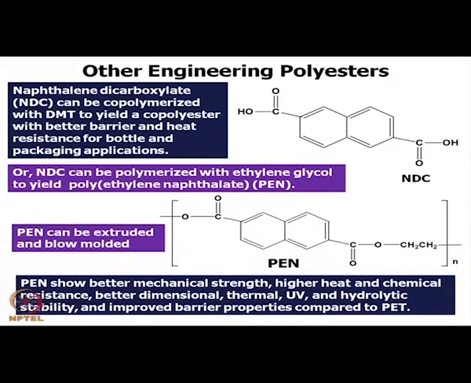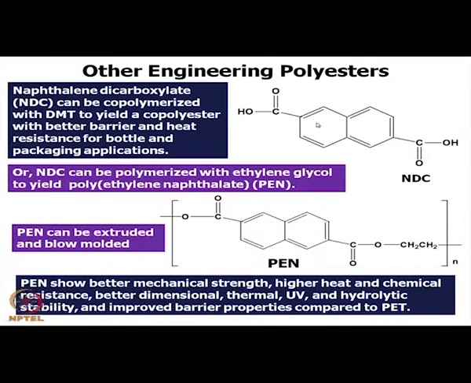Still there are more engineering polyesters available, which have already been developed and commercialized. Now, instead of one phenyl ring, there could be more than one phenyl ring, say a naphthalene ring. In this naphthalene ring, 2 carboxyl groups are attached, which is known as naphthalene dicarboxylate.